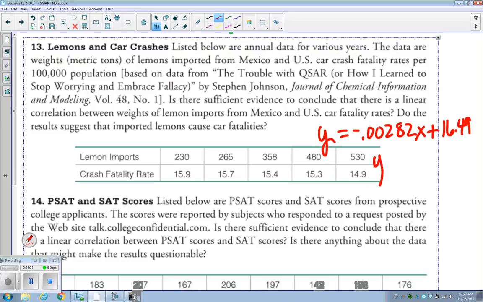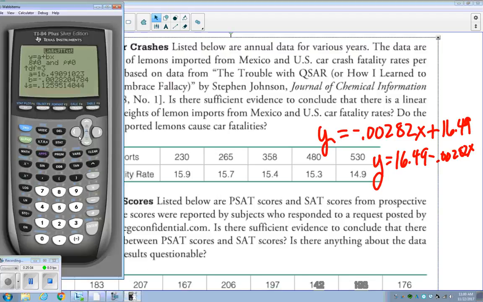And what it's going to do in your calculator, it's going to switch these to 16.49 minus 0.00282x. It's the same thing as y is equal to mx plus b. All they did was switch that order. Just know that a is what? Your y-intercept, and b is your slope.